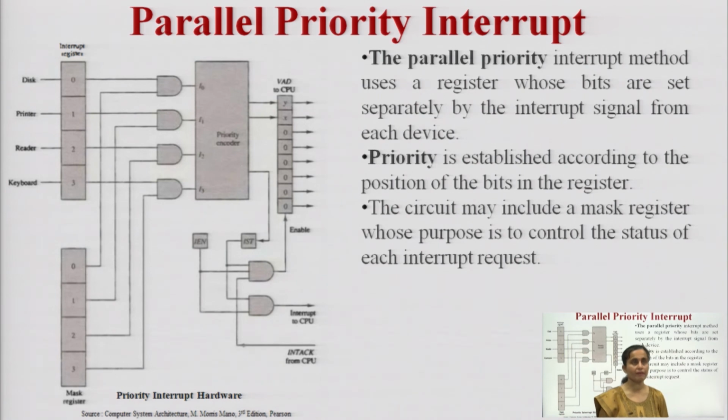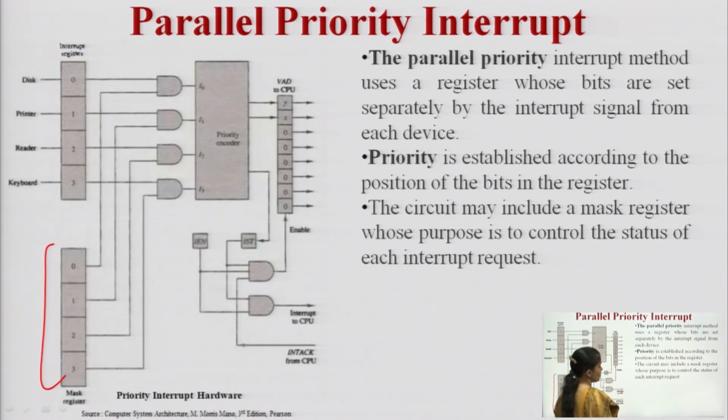Then the second method. In the previous one the devices were connected in a serial manner. Now the devices are connected in a parallel manner: disk, printer, reader, keyboard. As per their priority they are assigned numbers, and this is our mask register. It has the same number of bits as the number of devices attached, ANDed together and given to the priority encoder.